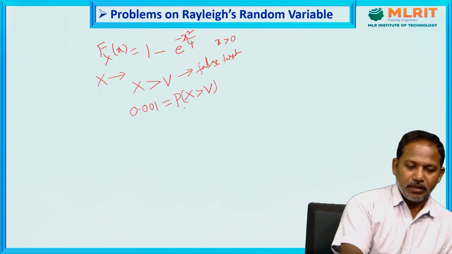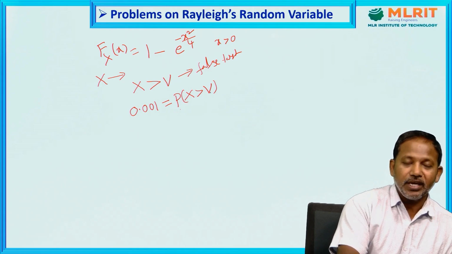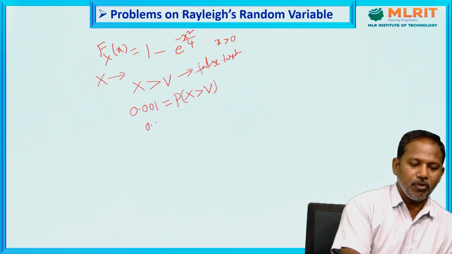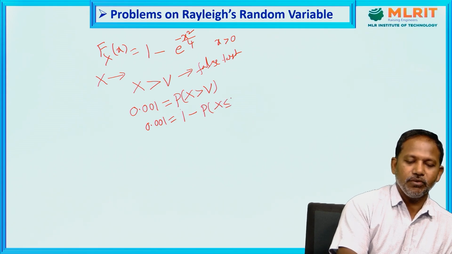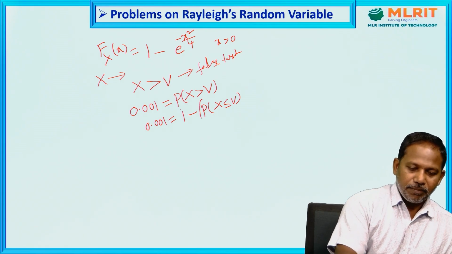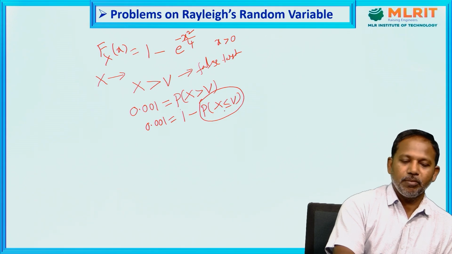See here, P of x greater than V means I need to find the probability of the random variable from V onwards, taking the final value as infinity. So I need to convert this the reverse way: 0.001 is equal to 1 minus P of x less than or equal to V. P of x less than or equal to V is called the probability distribution function.